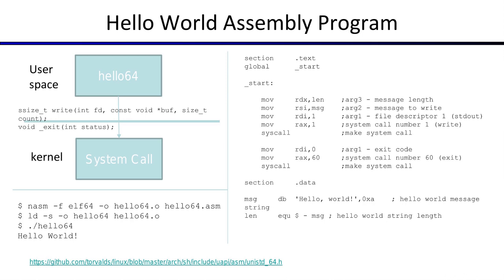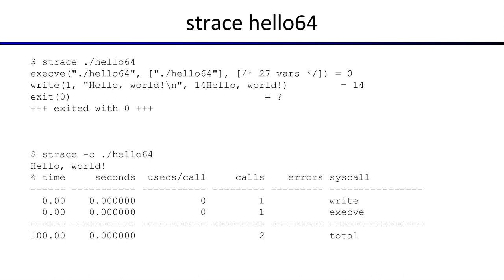So how do we know that all this actually happened? Well, there are some debugging utilities you can use, and strace, which is system call trace, is one of those. It is a very useful utility and we may as well practice it here. If you call the program using strace ./hello64, it will tell you all the system calls that this program is making.